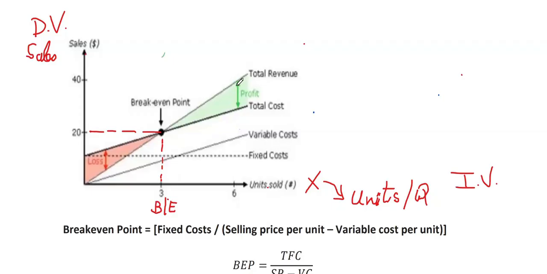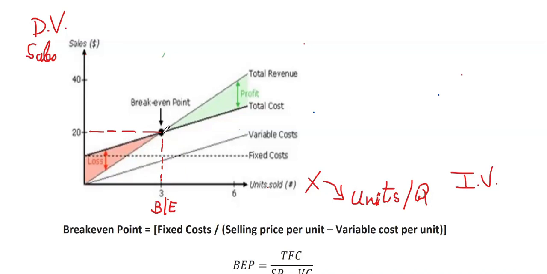That difference in terms of dollar value, which we match to the corresponding points on the y-axis, represents the profit.